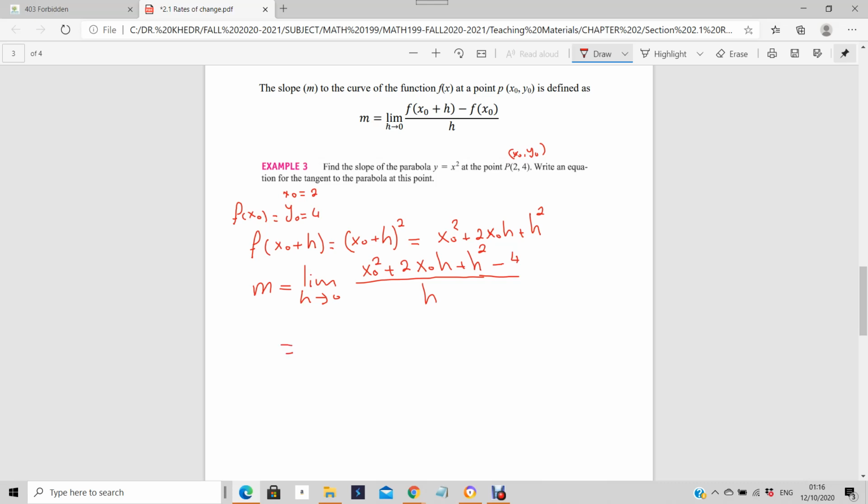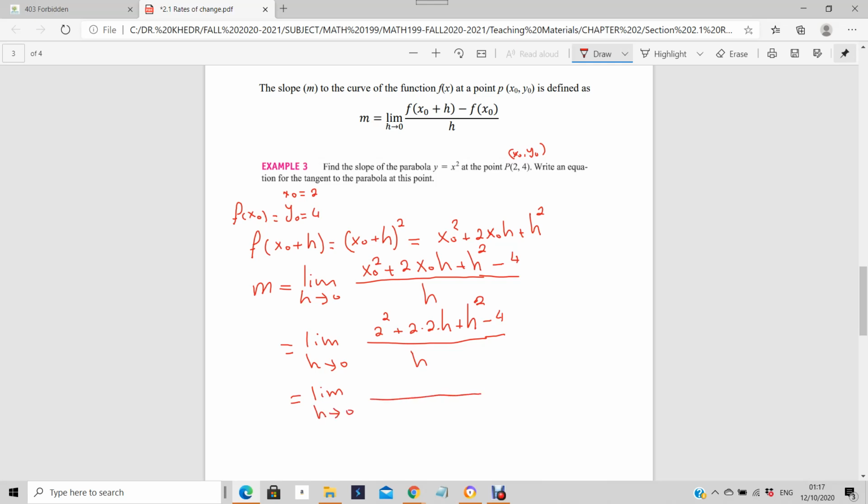So this is the limit as h goes to 0 of 2 squared plus 2 multiplied by 2 multiplied by h plus h squared, minus 4, divided by h.